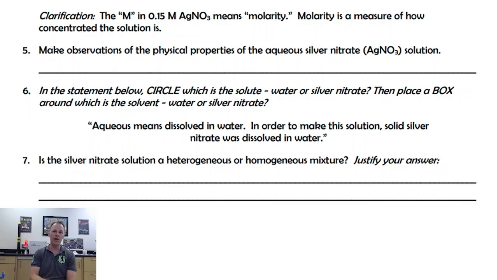Smell is a physical property, but if you get a new smell, that's an indication that you made a new substance. And that smell is just a physical property of that new substance. So if you have a new substance, then you have a chemical change, right? I hope you got that.